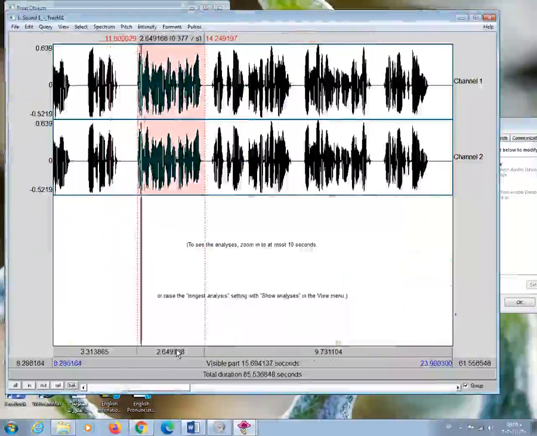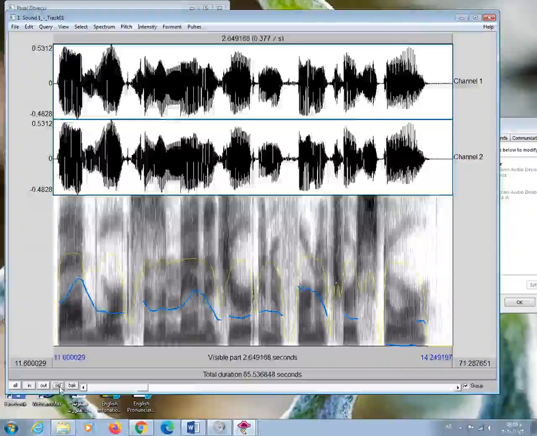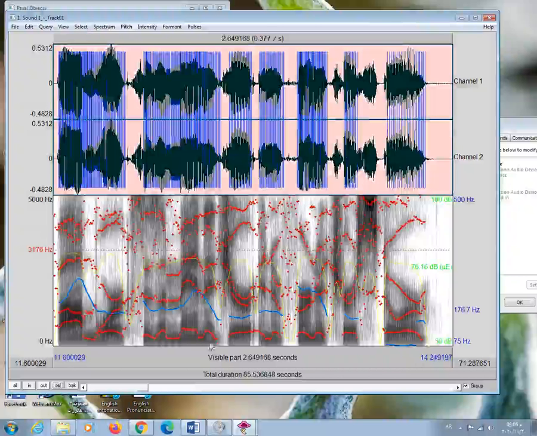Bob works as a manager in a furniture store. Very good. Let's see this and select. See the pitch, the blue one? Let's play. Bob works as a manager in a furniture store.